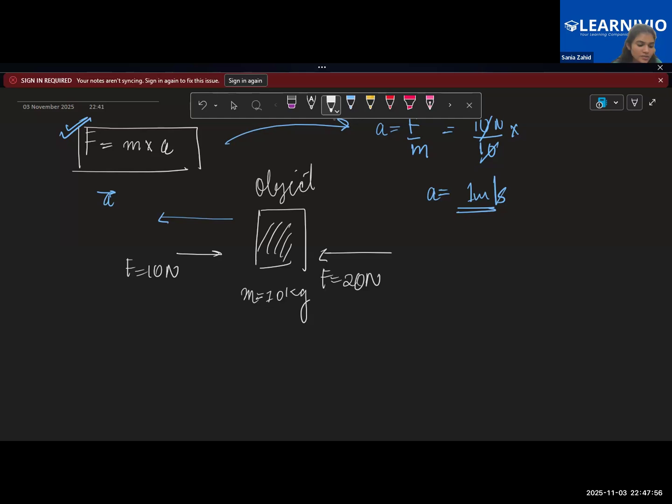Now, next thing, just note this down, and always remember SI unit of mass is not grams, it's kgs only. Oh, okay.